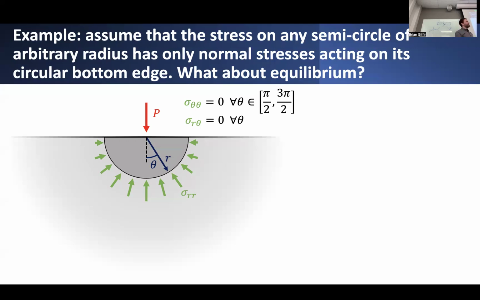For the sake of argument, let's assume that these boundary conditions look like this, where there's a distribution of stress on the bottom boundary of the semicircle that is strictly normal to that boundary. So we assume a solution that has a strictly normal stress distribution on this bottom surface, no shear stresses. And maybe we also have it such that the radial stress is 0 at the top faces and achieves a maximum directly below the load.